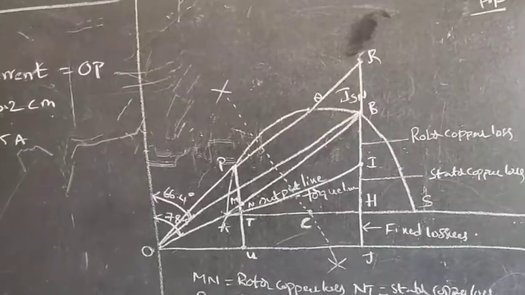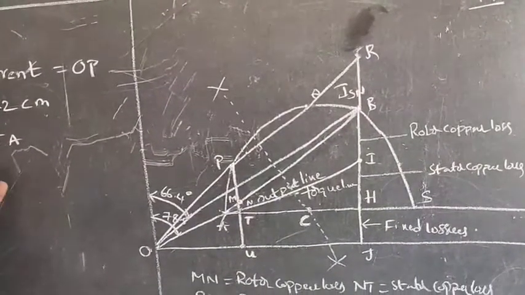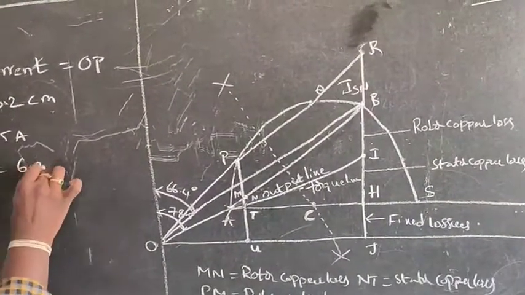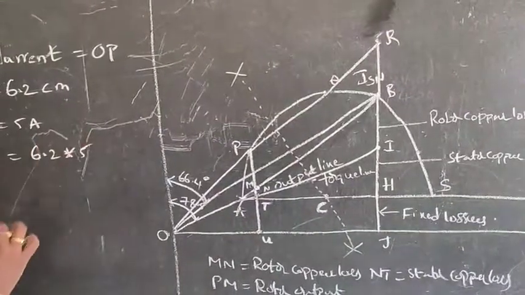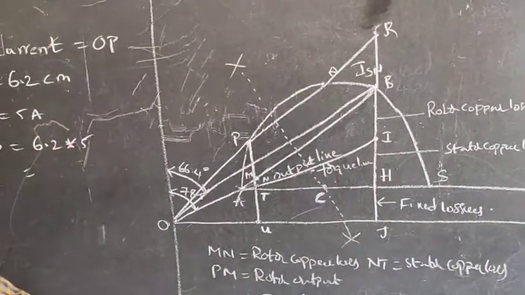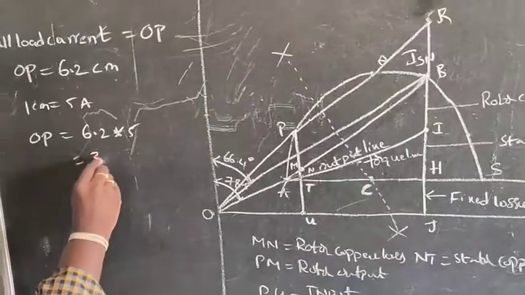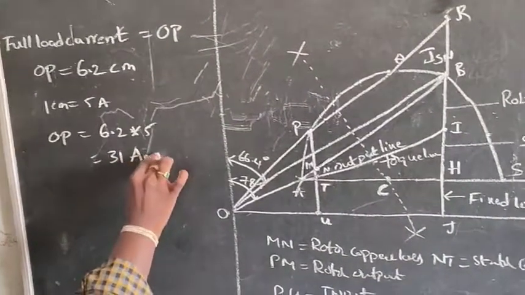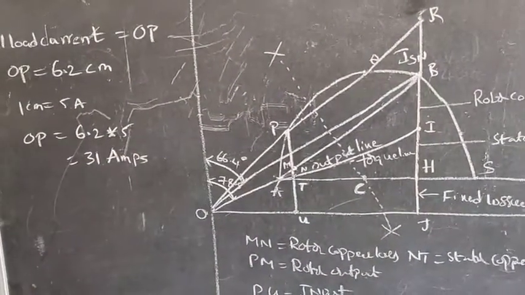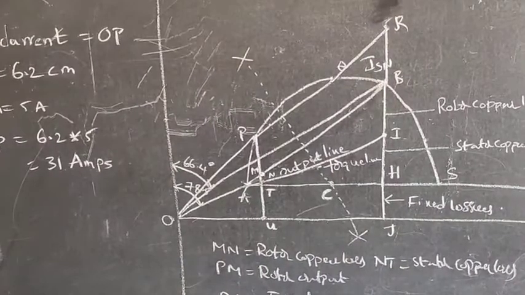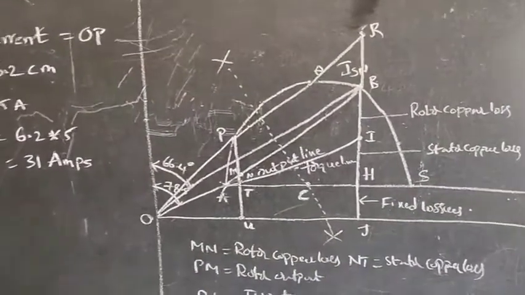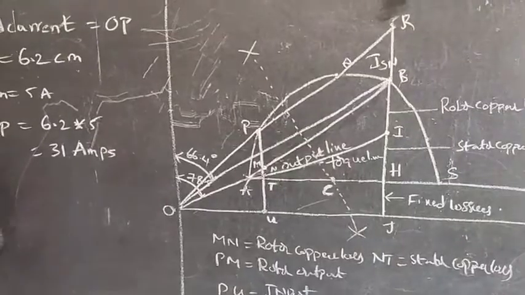So full load current OP equals 6.2 into 5, that is 31 amps. So full load current equals 31 amps.